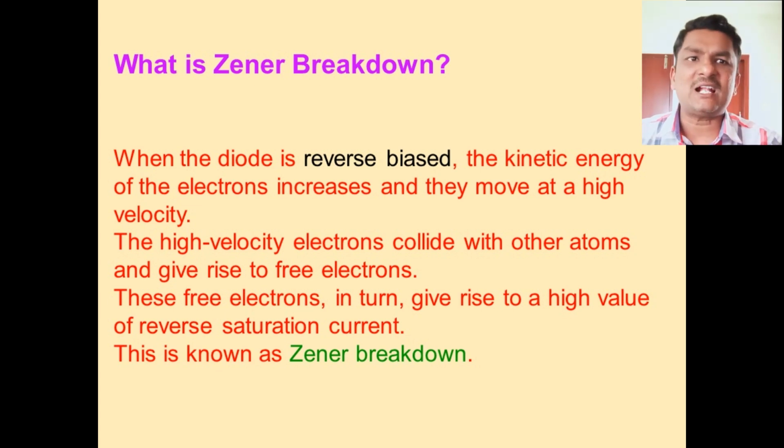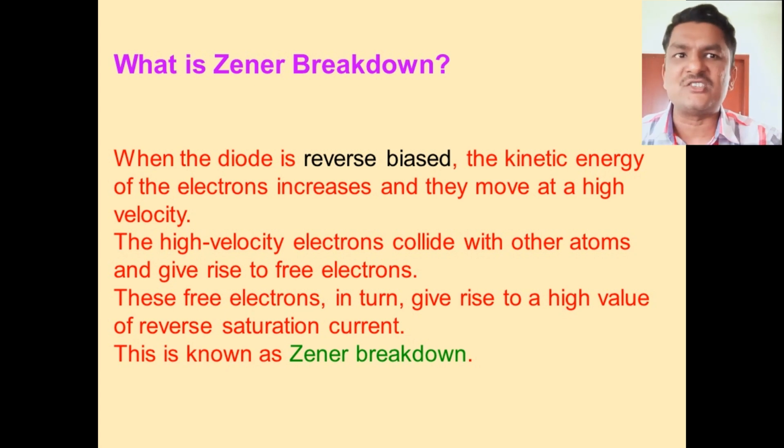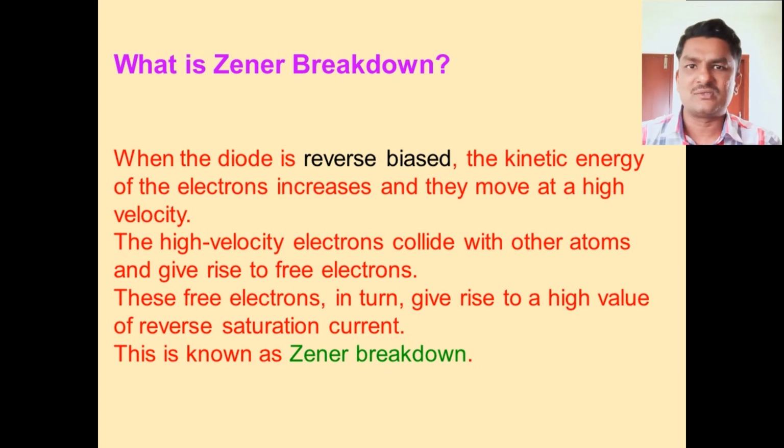These free electrons give rise to a high value of reverse saturation current. So when it is reverse biased, the kinetic energy of electrons increases, their velocity increases, they collide with the atoms and free electrons are released, so the reverse saturation current increases. This is known as Zener breakdown.